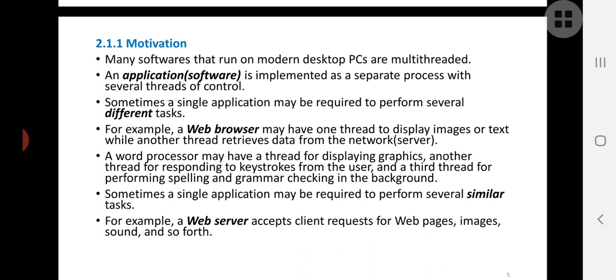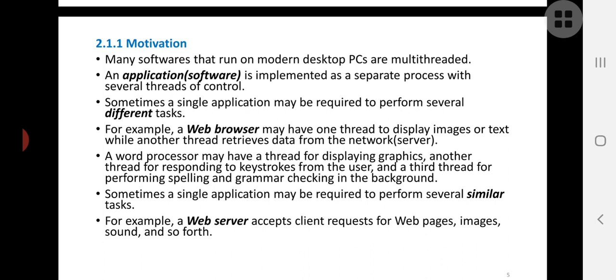An application or software is nothing but a program, or you can call it a process. Here an application or software is implemented as a separate process with several threads. Sometimes a single application may need to perform many different types of tasks.